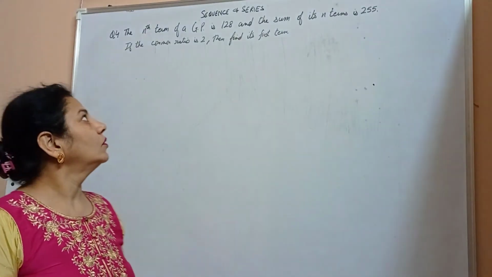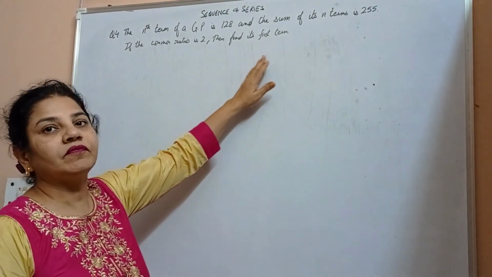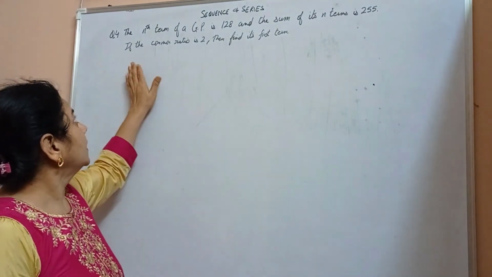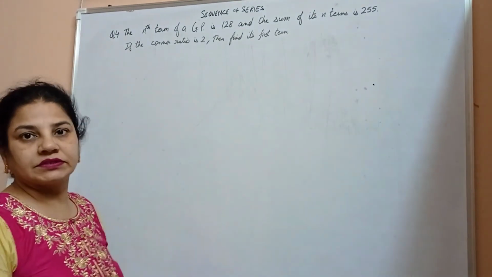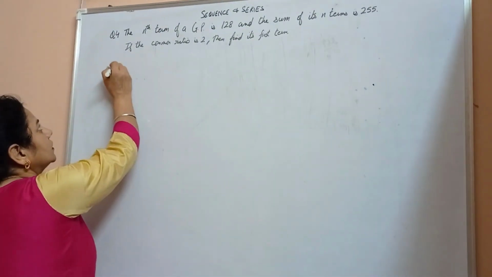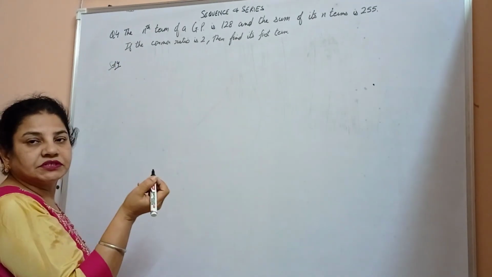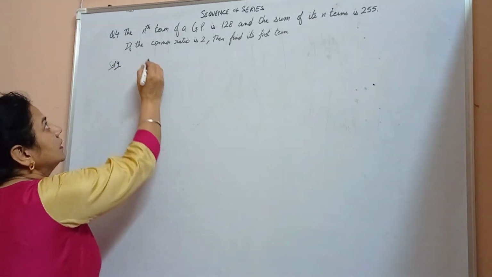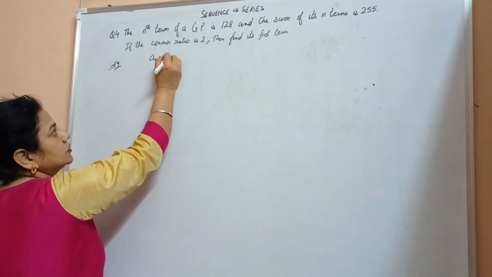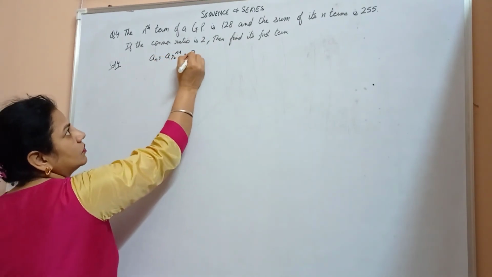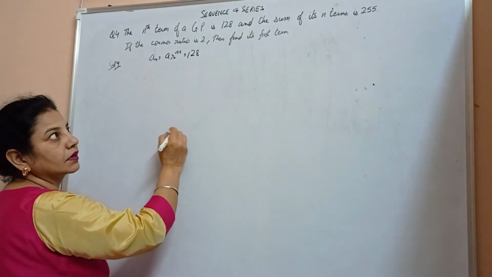The nth term of a GP is 128 and the sum of n terms is 255. If the common ratio is 2, find the first term. First of all, we write the information given to us. We note down that the nth term, a_n, which is a r to the power n minus 1, is equal to 128.